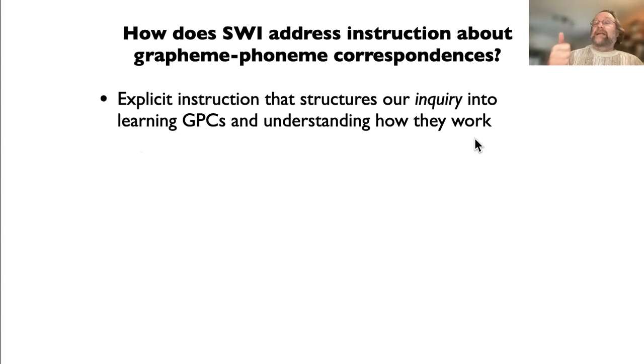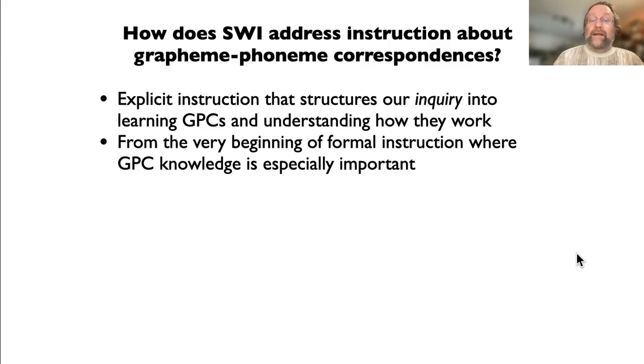So we noticed that we needed different spellings of C and C to show their different words. So we learned about the EA and the double E, both being able to write the same pronunciation. It's not a bug, it's a feature. So we're giving the kids the sense that the spelling system makes sense. This is from the very beginning of formal instruction, where that grapheme-phoneme correspondence knowledge is so important.